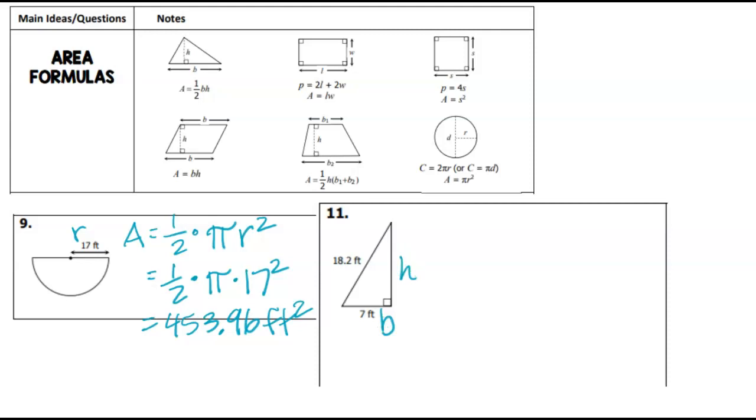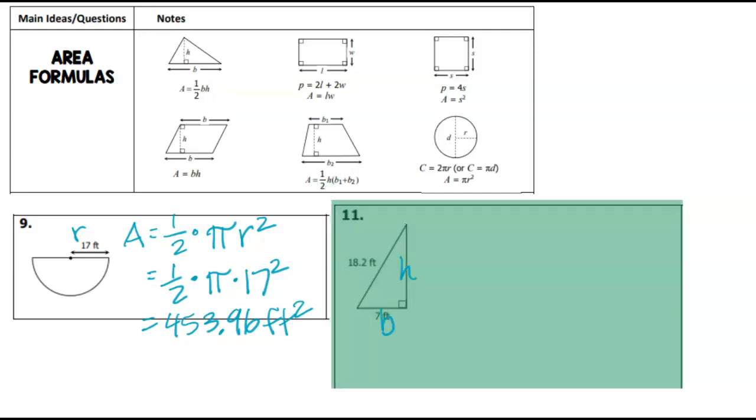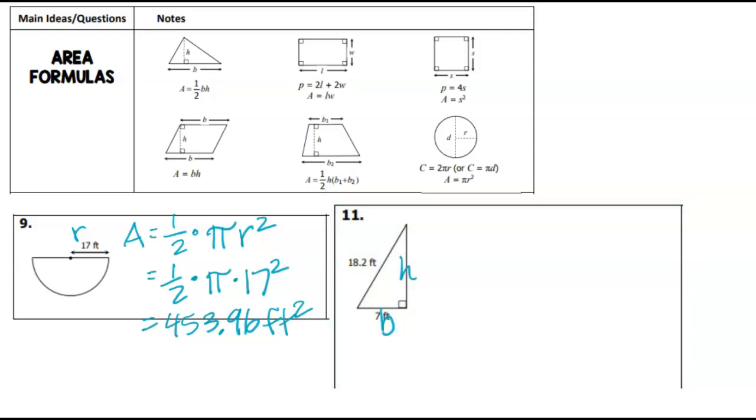Now the tool that we have to be able to solve for the height is, we've just been working with it, and it is Pythagorean theorem. So I don't just use anything on the shape, make sure I'm using the right parts. And so I'm actually going to solve for the height first.